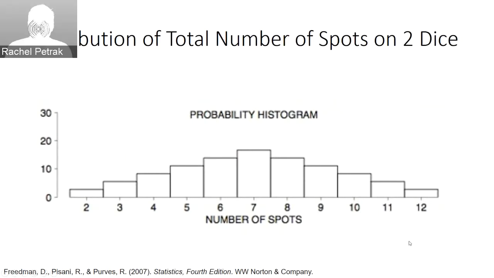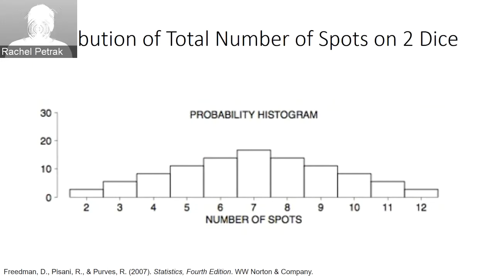For example, if we rolled the dice many times, for each roll of the dice, there's several different ways to get 7.